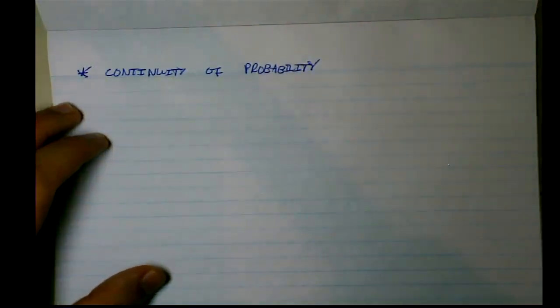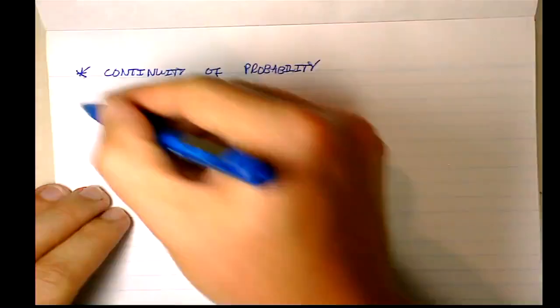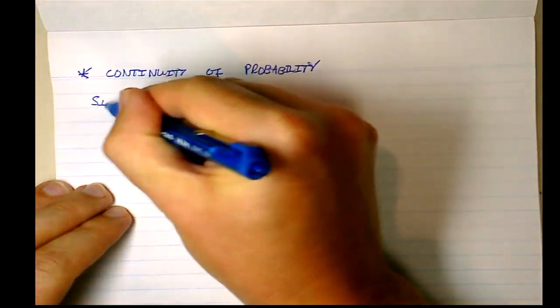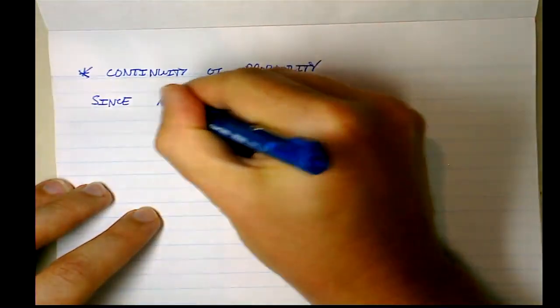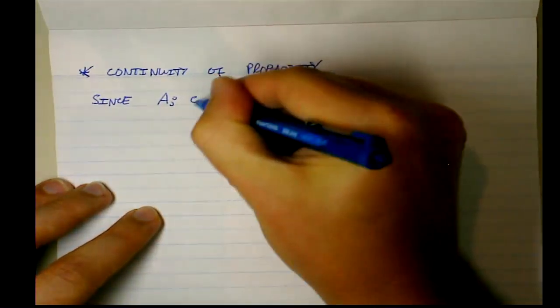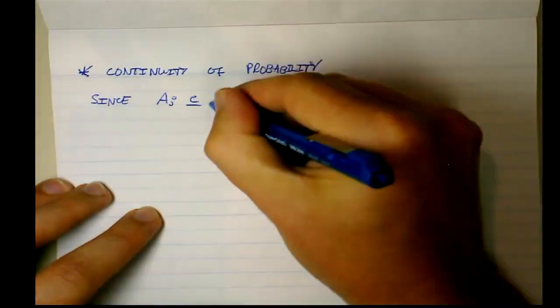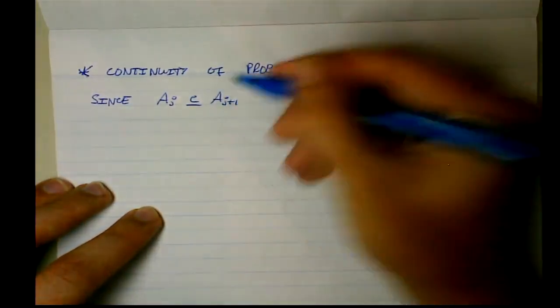Okay. So we're going to consider the first theorem, which is that we have events increasing to A. If the events are increasing to A, then it must be that Aj is a subset of Aj plus 1.